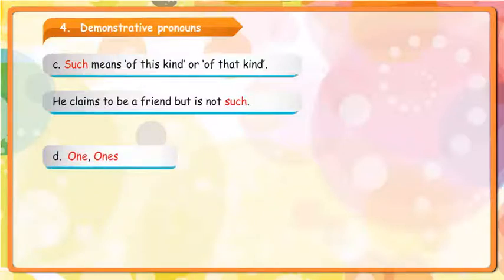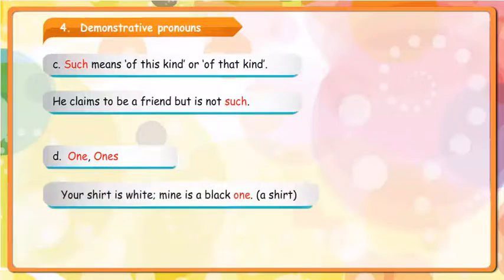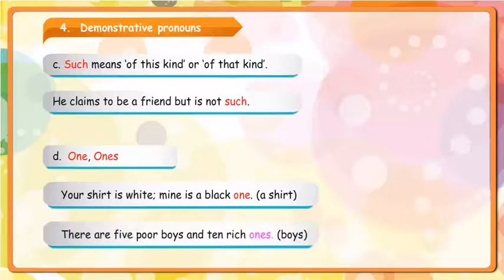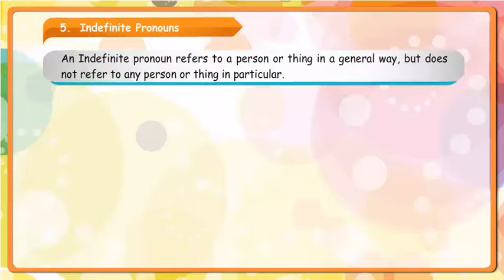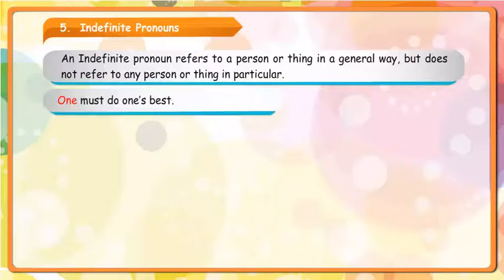One, ones. Your shirt is white, mine is a black one. One stands for a shirt. There are 5 poor boys and 10 rich ones. Ones stands for boys. Indefinite pronouns. An indefinite pronoun refers to a person or thing in a general way, but does not refer to any person or thing in particular.